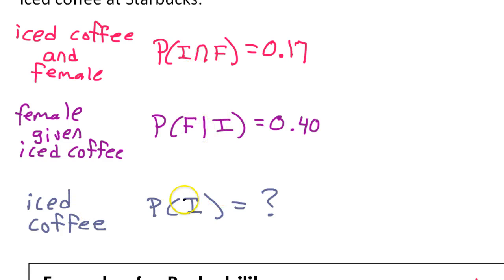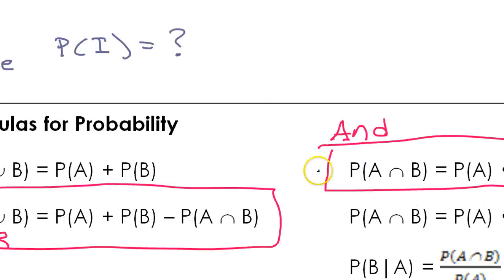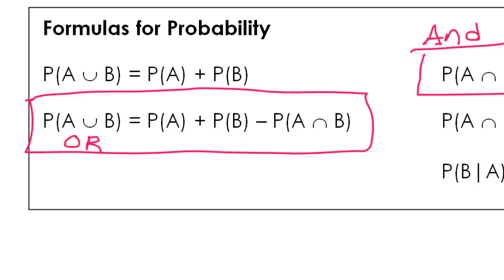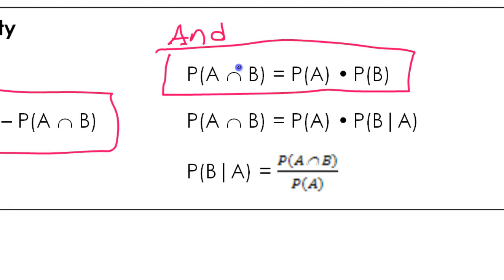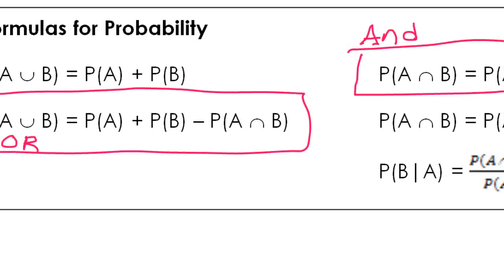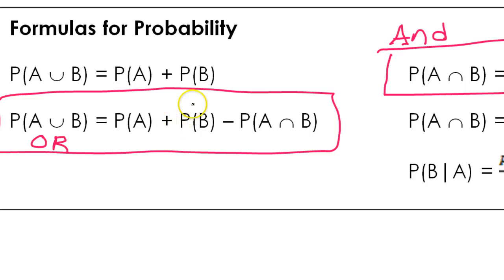We're given two things, and we're asked to find a third thing. So it's a matter of which one of these formulas we're going to use. Especially, are we going to use the AND formula or the OR formula?